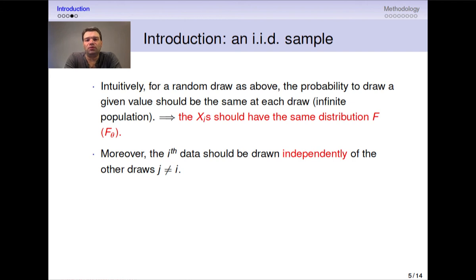Thus, if you want to compute the distribution of xn bar, one way to get an idea of the distribution of xn bar is to compute its variance. You immediately see that it's easier to compute this variance if you have independence between all the xi's.